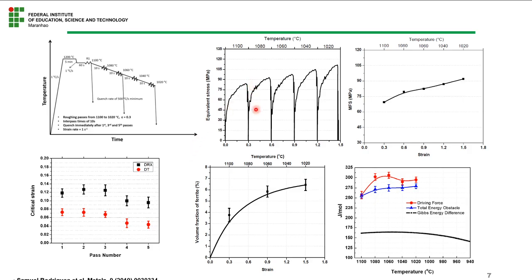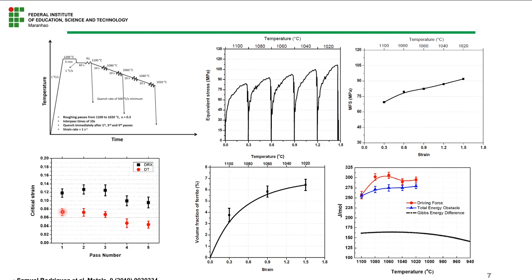Here we have the stress strain curve that was generated from the Gleeble machine. We also applied the double differentiation method that was proposed by John Jonas and Poliak. The second minimum is related to the DRX, dynamic recrystallization, as you can see, and the first minimum is related to the onset of dynamic recrystallization.